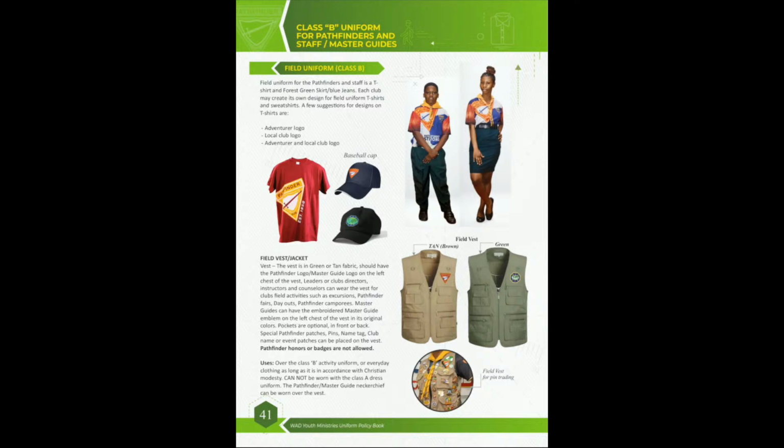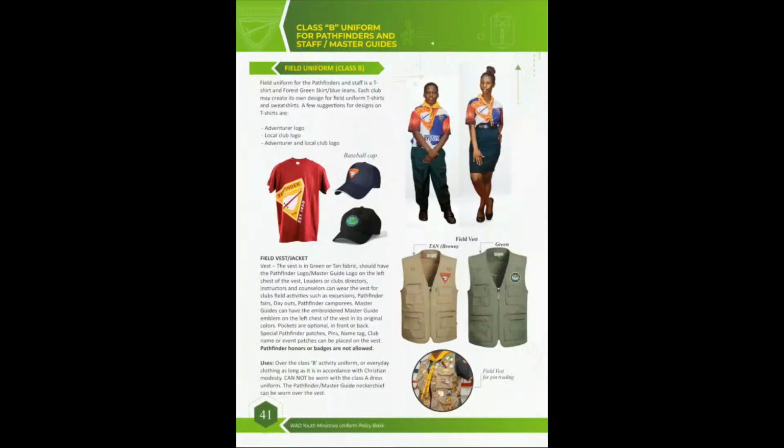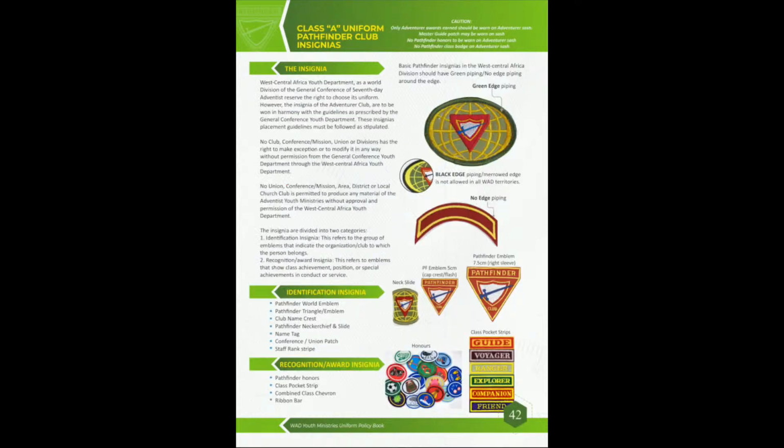As we have seen for adventurer, we saw that this one should be white, right? But for Pathfinder, it should be red. And in it, you need to put your club name, like Byrengo Club.